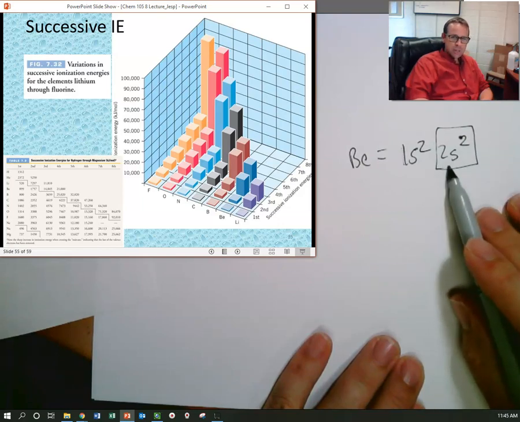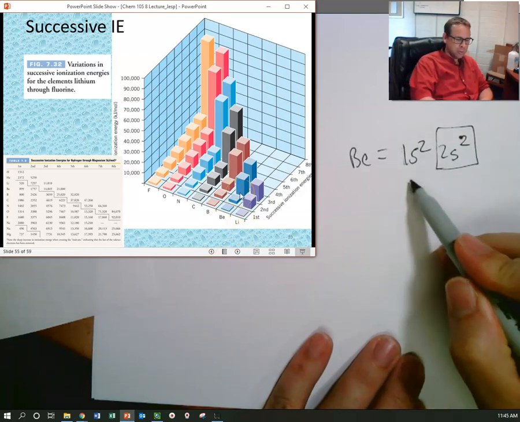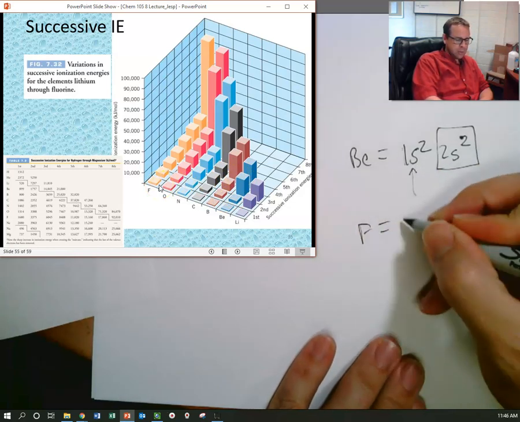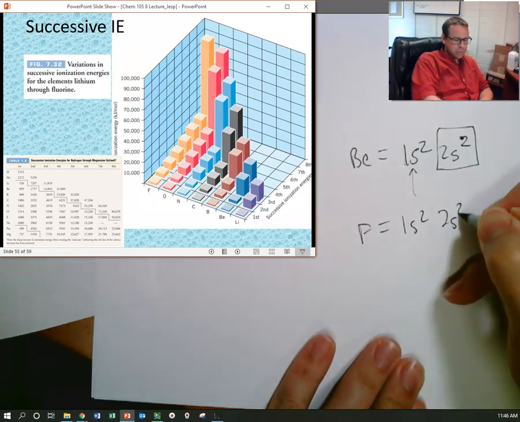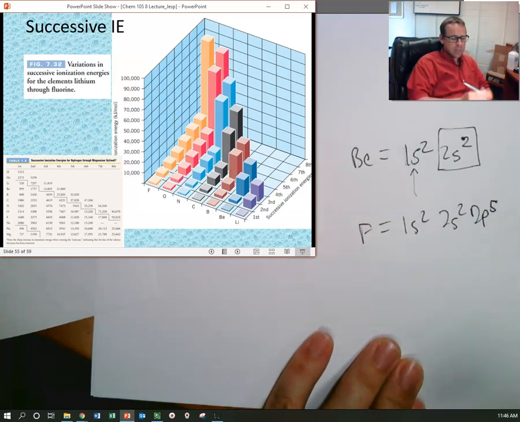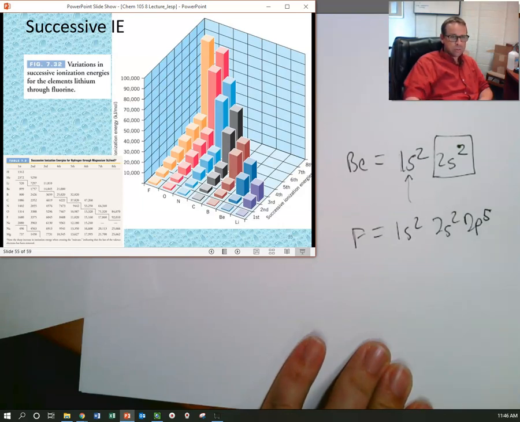So the valence electrons take energy to remove, but compared to after those are removed, trying to remove electrons from the noble gas core takes a lot more energy. Fluorine, electron configuration, 1s2, 2s2, 2p5, right? These 5 electrons can be removed, and then those 2, right?